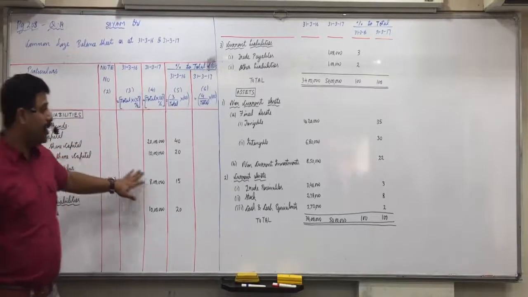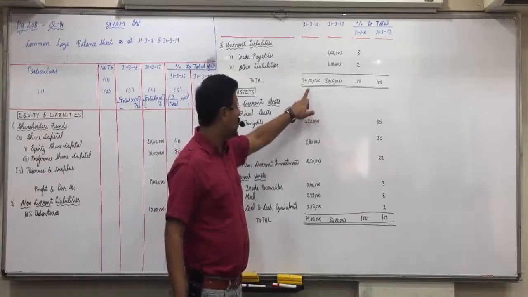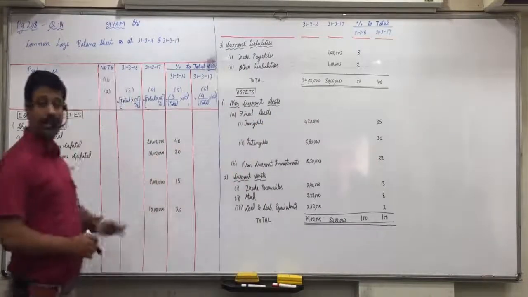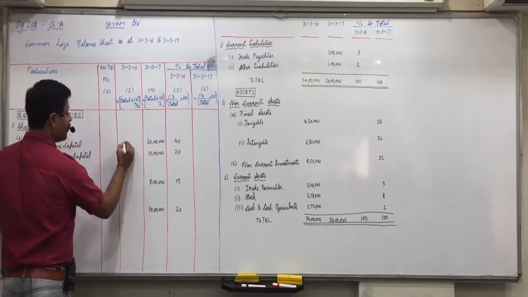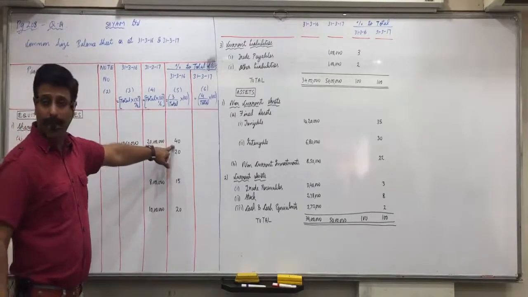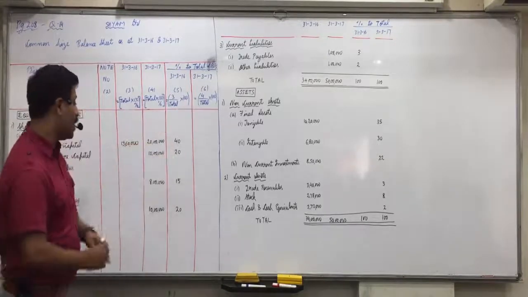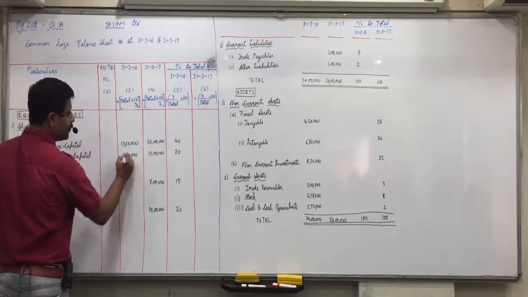So we will do it like this: 34 lakhs is the total of column 3. Do 34 lakhs into 40%, 13 lakhs 60,000. 34 lakhs into 20%, 6 lakh 80,000.